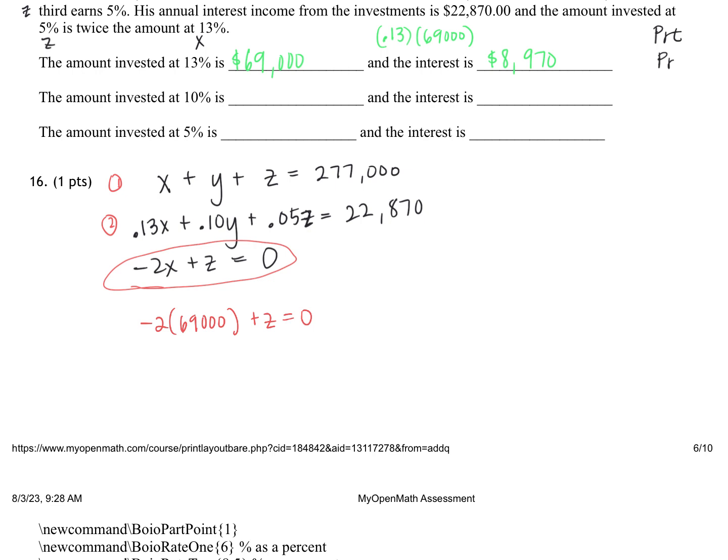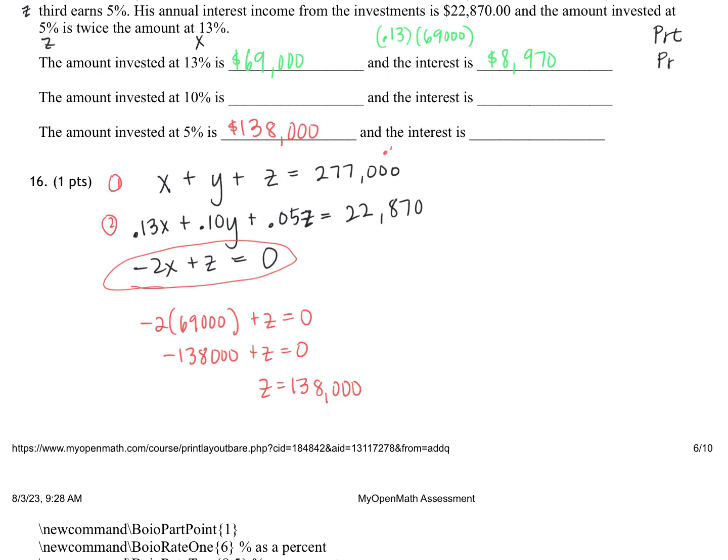So this will be able to tell us what z should be. So 69,000 times -2 is -138,000. So we would add 138 to both sides, and we would get z is equal to 138,000. So 138,000 is what he invested at 5%, because that's what we represented with a z.